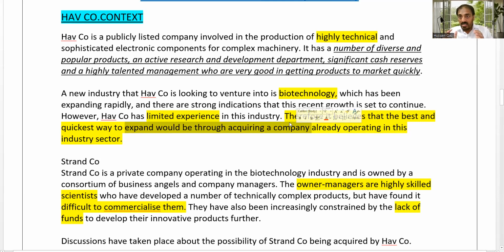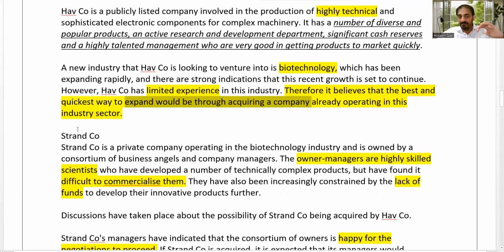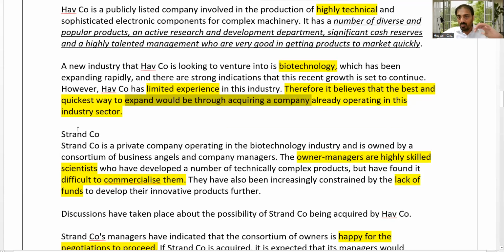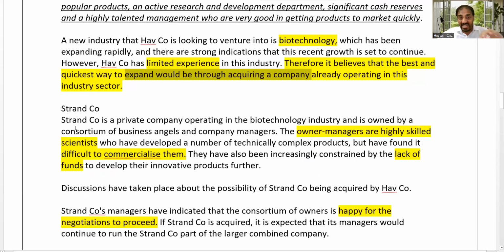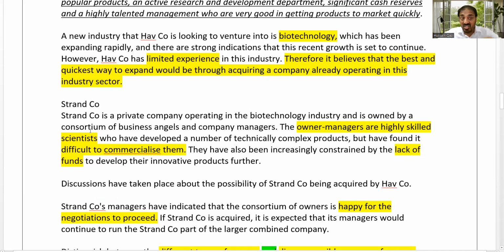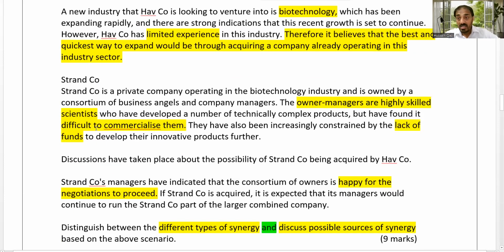So they wanted to diversify into biotech technology, with limited experience, and decided to expand the business by acquisition, and they identified a target. So here is the case about acquisition, and the acquisition must be justified with synergy.